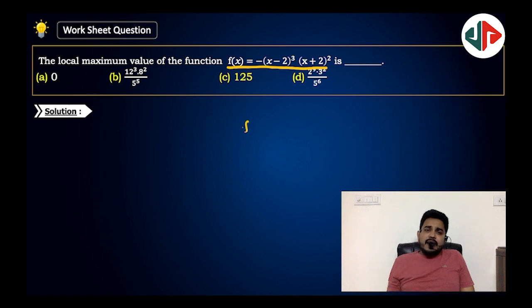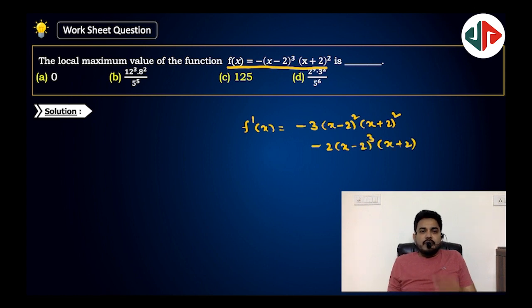See, f dash of x, if you take it, is minus 3 times x minus 2 whole square into x plus 2 whole square, minus 2 times x minus 2 whole cube into x plus 2. So for local maxima and local minima, this value has to be equal to 0.